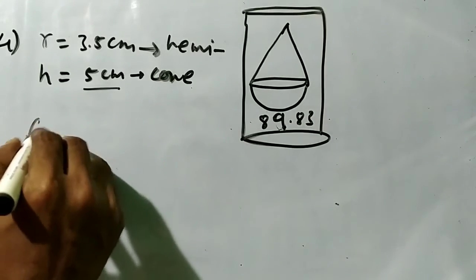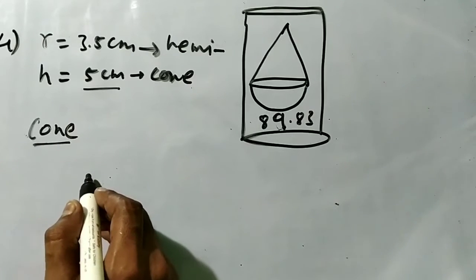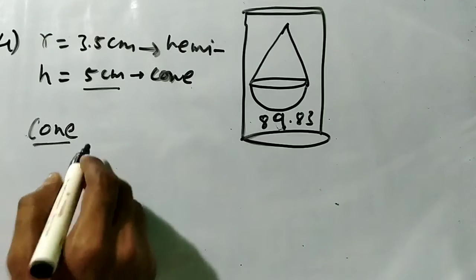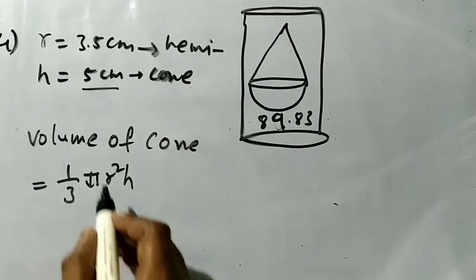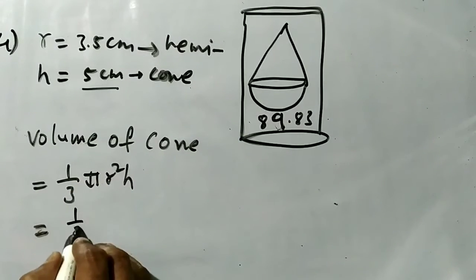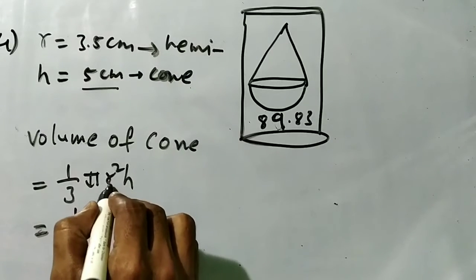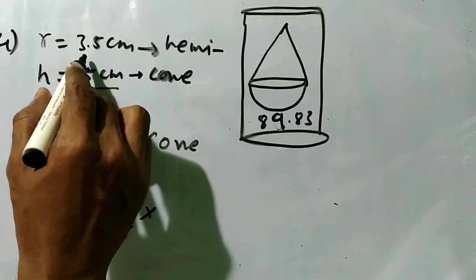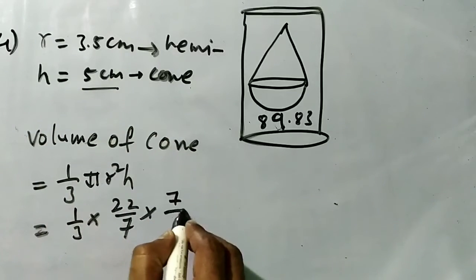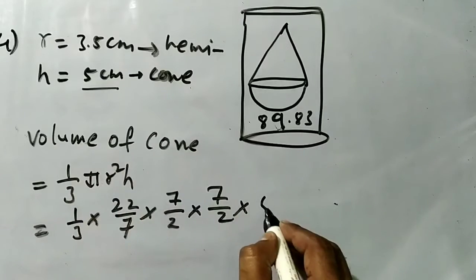Then we have to find the cone volume. Volume of a cone is 1 by 3 pi r square h, that is 1 by 3 into 22 by 7 into 7 by 2 into 7 by 2 into h, which is 5 centimeters.